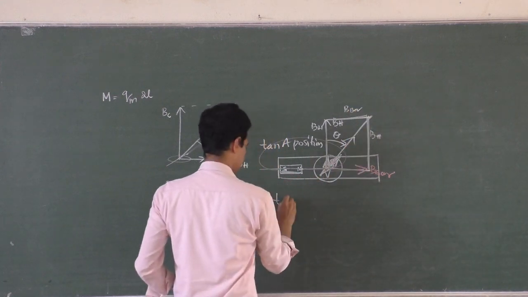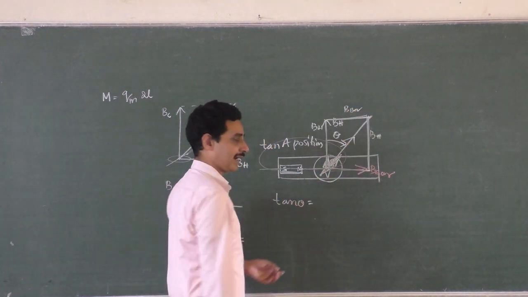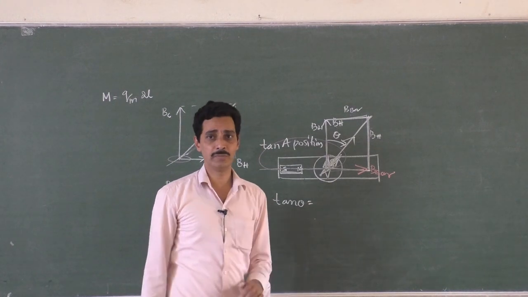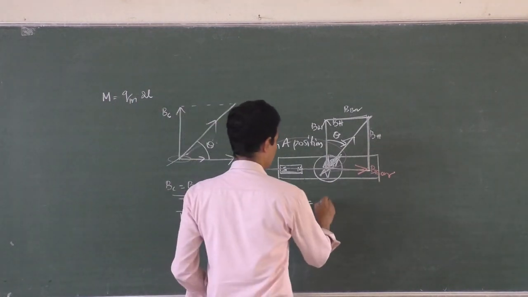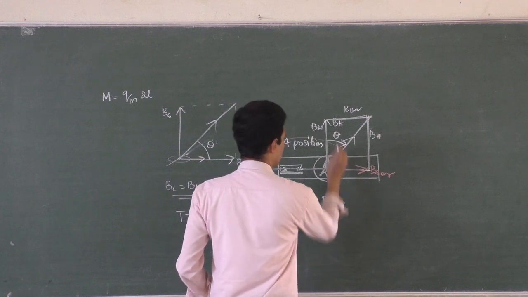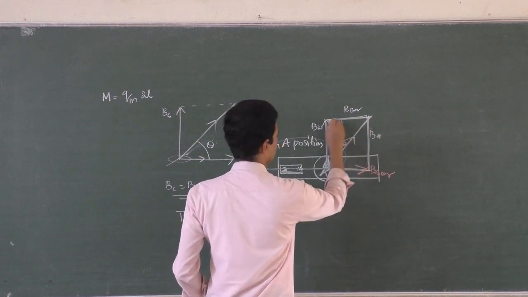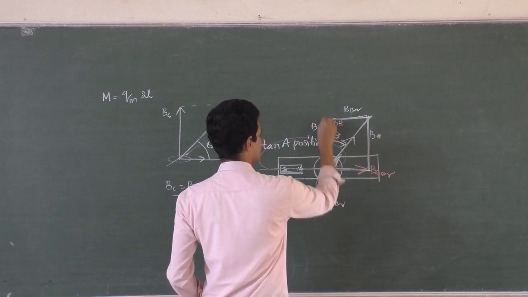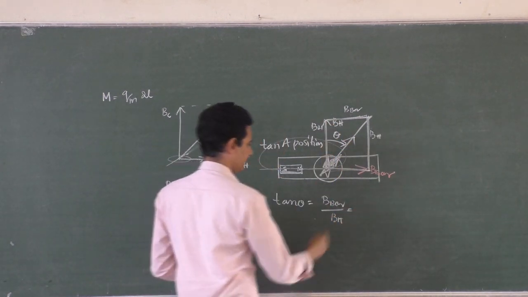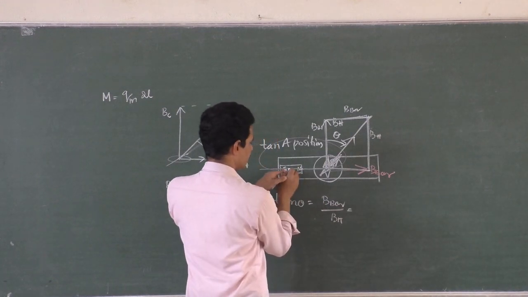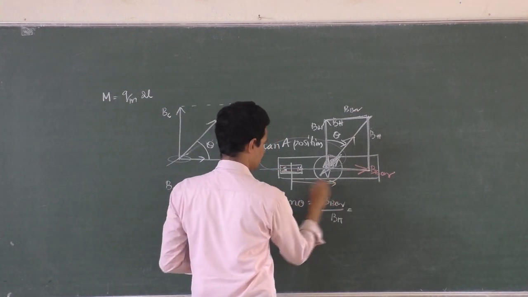Now take tan theta. Or you can write new magnetic field is equal to old magnetic field into tan theta. That is also possible. Or new magnetic field, opposite side, that is this one, by adjacent side, this one, BH. Now what is B due to the bar magnet? B due to the bar magnet is the magnetic field produced by this bar magnet from its center up to this distance.